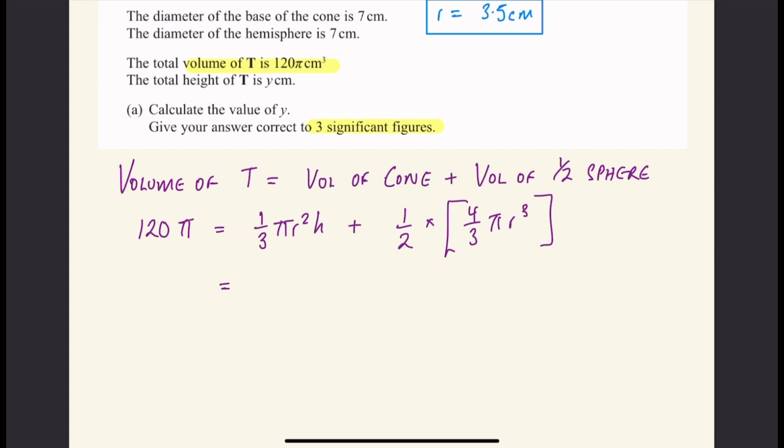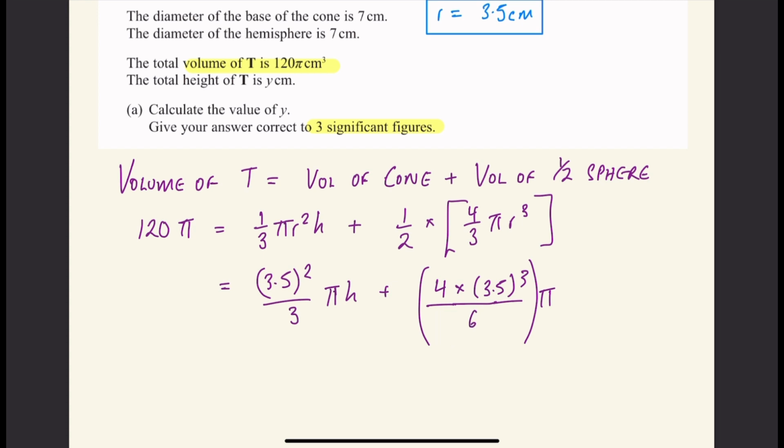We know r is 3.5, so that's 3.5 squared over 3 times pi h, plus 1/2 times 4/3 is 4/6, so 4 over 6, that's 4 times 3.5 cubed pi.